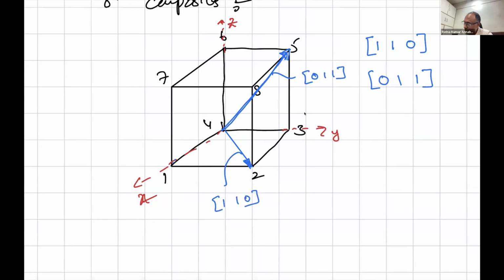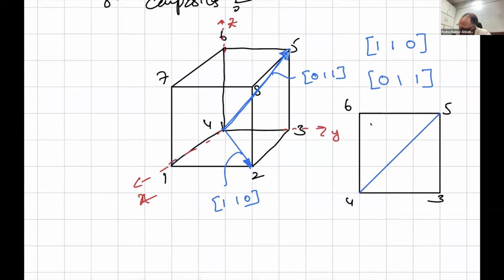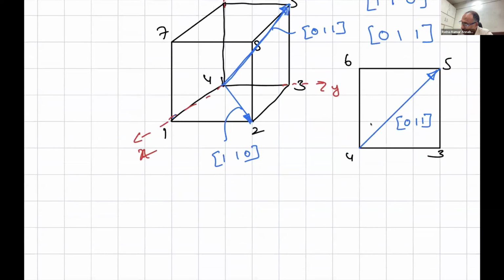Because it is a cubic crystal, if I plot 3, 4, 5, 6, that is my 3, 4, 5, 6, and that is my 0, 1, 1, right?